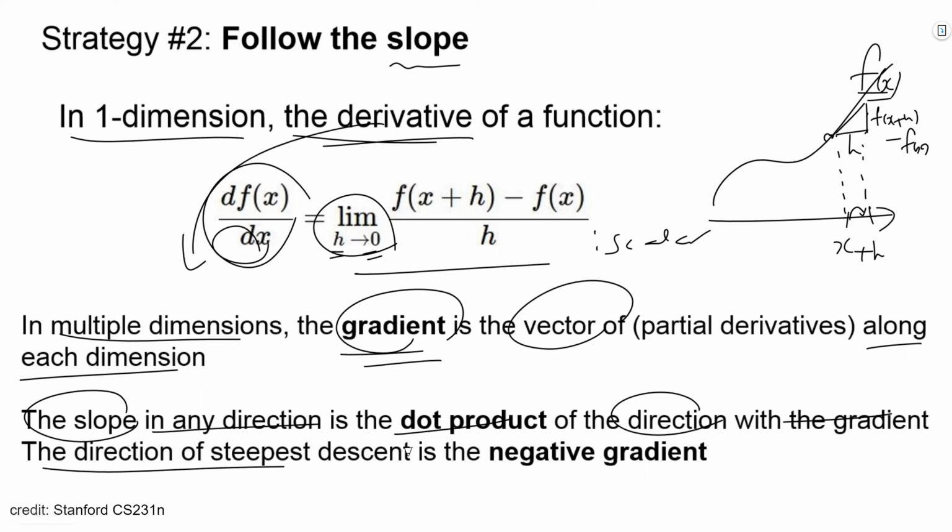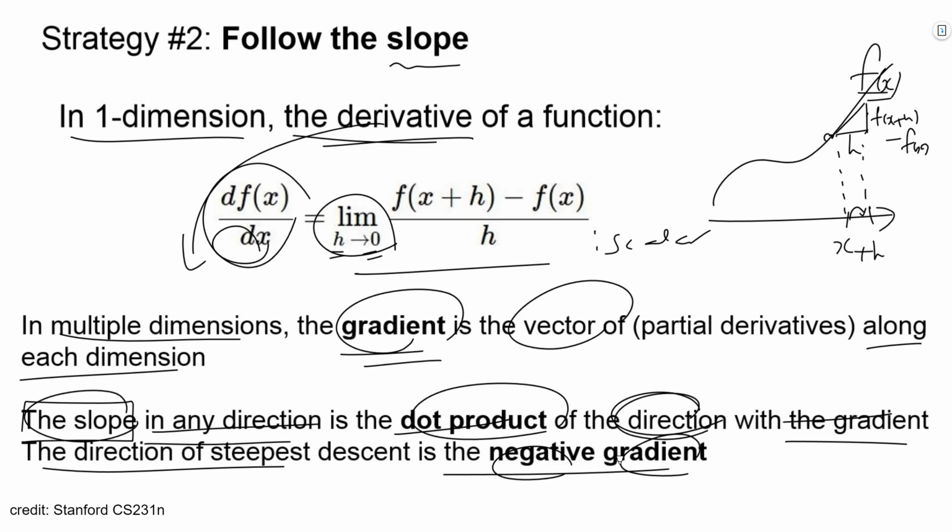The direction of steepest descent is the negative gradient. So what I mean by this is you can calculate the slope in any direction by taking the dot product of the direction, the slope direction, with the gradient. And the direction of the steepest descent is the negative gradient.